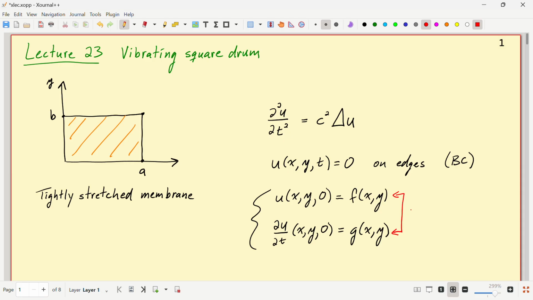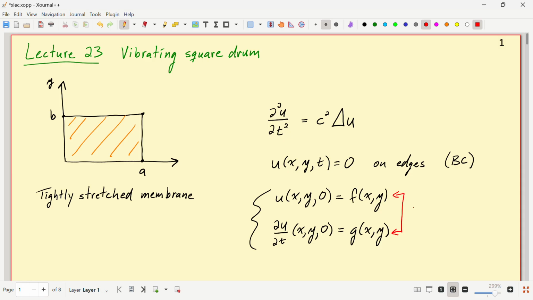So it's a little bit of physics to see that it's a wave equation that governs this problem. And that's assuming that it's tightly stretched. This membrane is tightly stretched, like most drums are. And that it's perfect, which is never true, but they can be close to being frictionless and etc. So it's an idealized version of the problem.